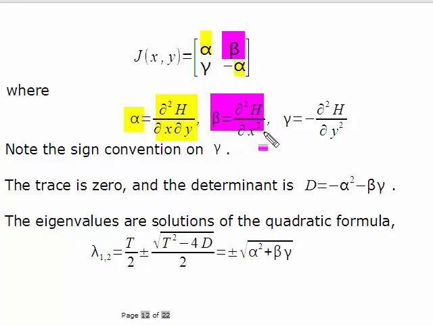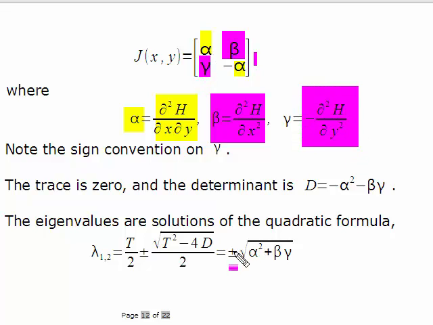It's the second partial with respect to x. And now we have gamma here. Notice there's no negative sign, but there was a negative sign in that previous matrix. The negative sign is stored with the second partial with respect to y. So again, note the sign convention on gamma. Gamma is negative.